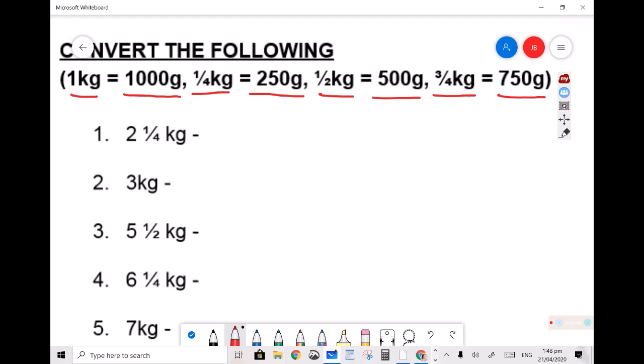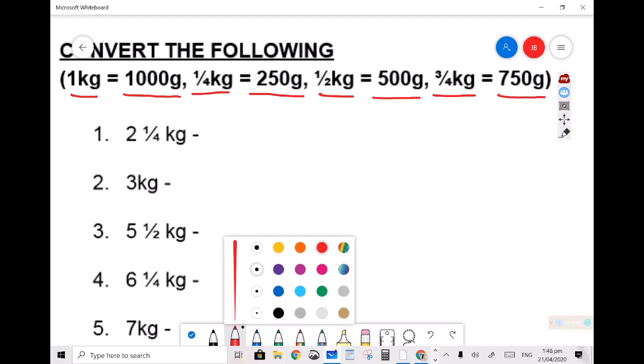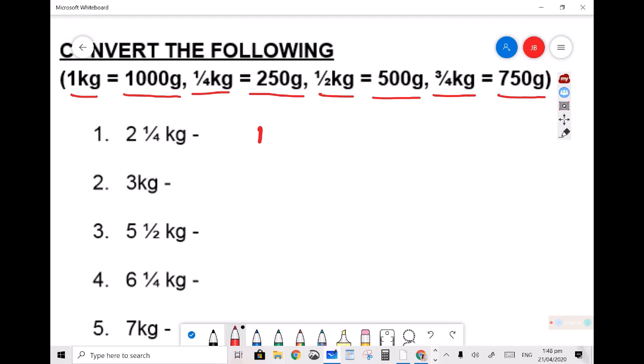Now if we had to calculate it, because basically all our conversions, if you have to calculate a quarter kilogram, it will be a quarter of 1,000.